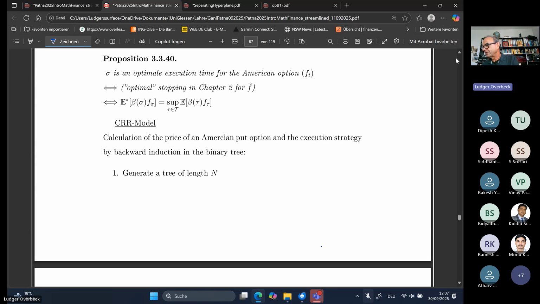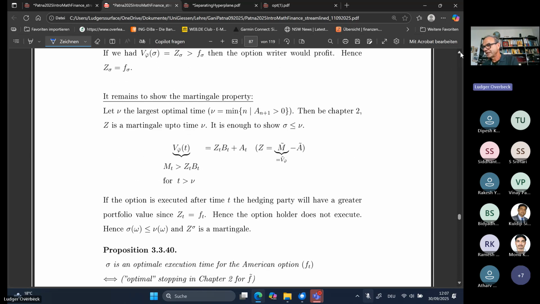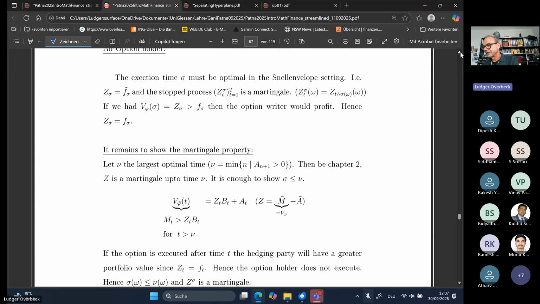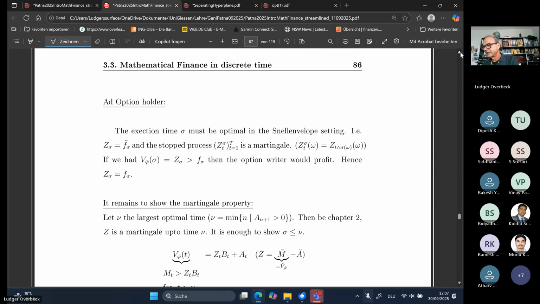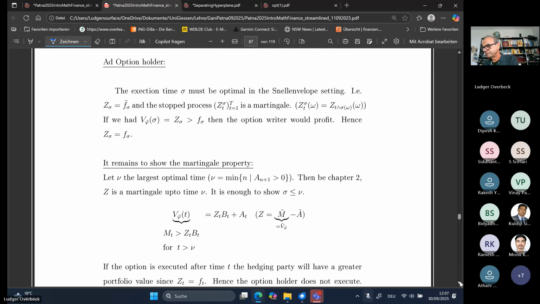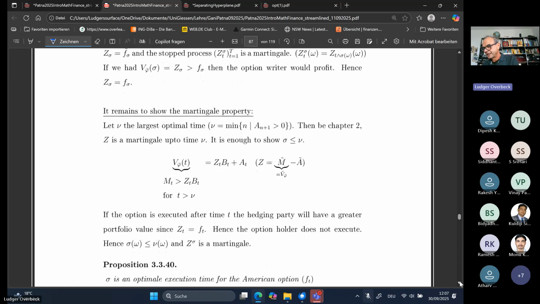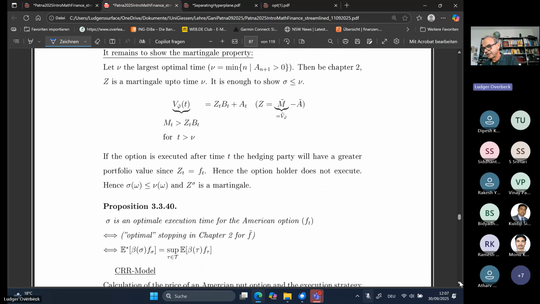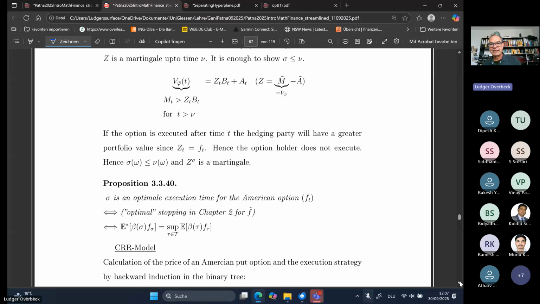So we have figured out how we get the price. Theoretically, the execution time is the time when the Snell envelope hits the payout function for the first time.